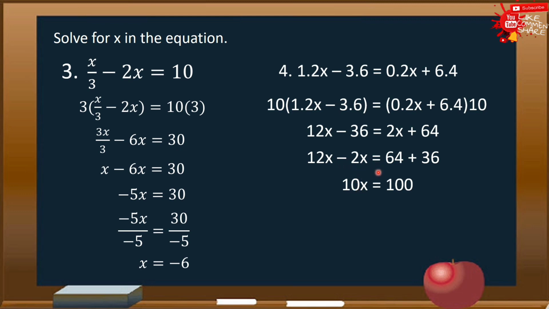Then equals 64 plus 36 is 100. Then we divide both sides by the numerical coefficient of x, which is 10. So 10x divided by 10 equals 100 divided by 10. So, 10x divided by 10 is equal to x, then equals 100 divided by 10 is 10. So, we have now x equals 10.